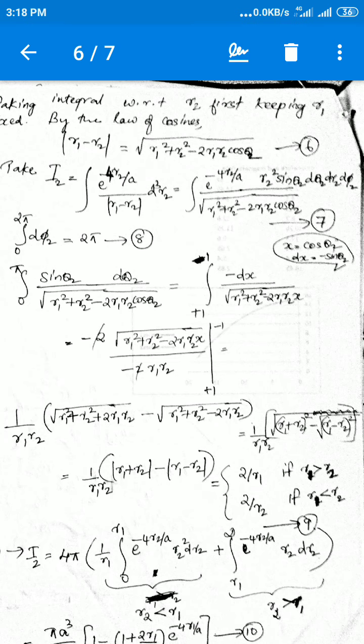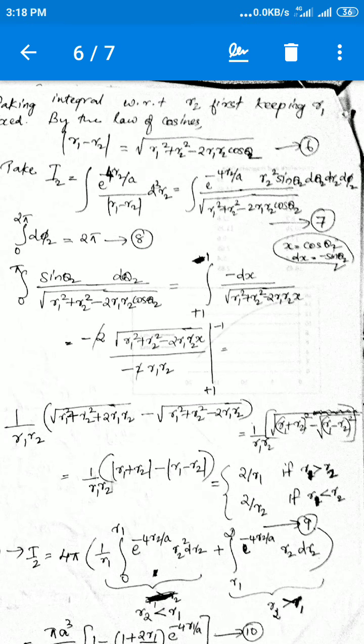Okay, so substituting x equal to cos theta 2, dx will be minus sin theta 2 d theta 2. Okay, I have not written d theta 2 there. So sin theta 2 d theta 2 will be minus dx, and the root of r1 squared plus r2 squared minus 2 r1 r2 x.